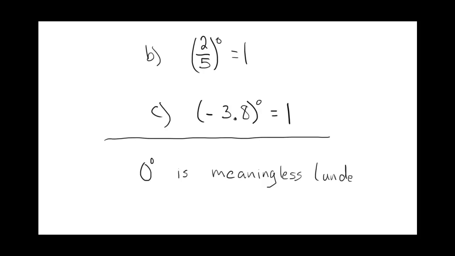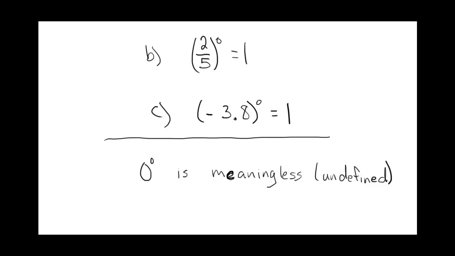For example, try punching it in your calculator if you have one nearby. It'll probably give you an error. That's because this does not equal 1. This doesn't equal anything. It's not a proper mathematical expression. You can't write this. It just doesn't work.